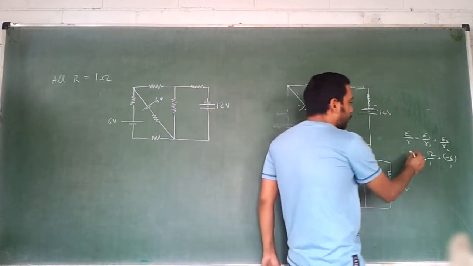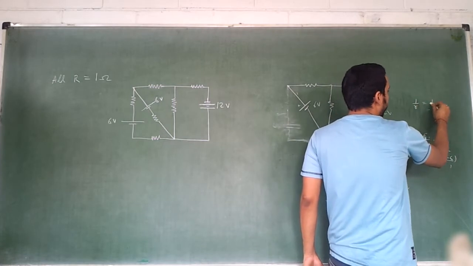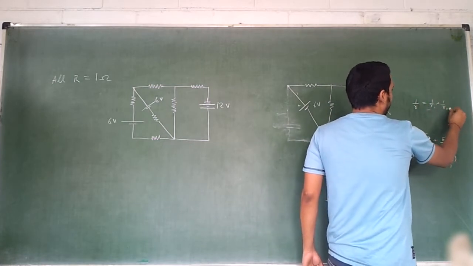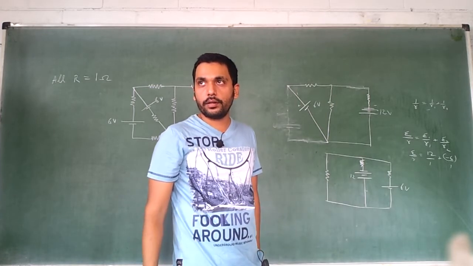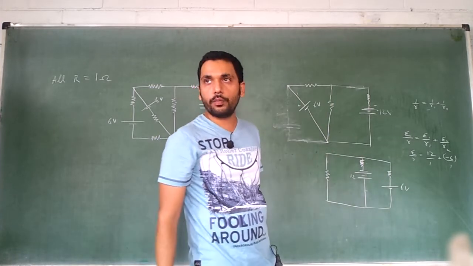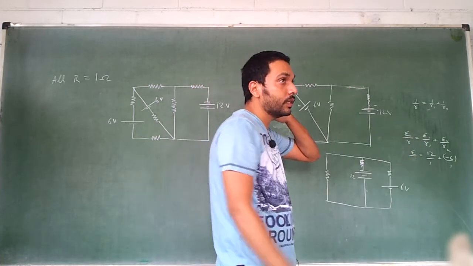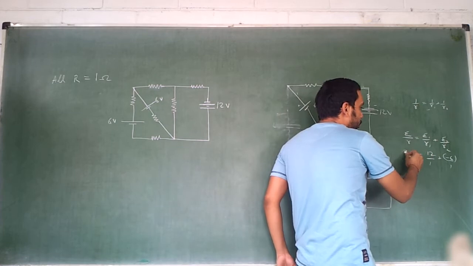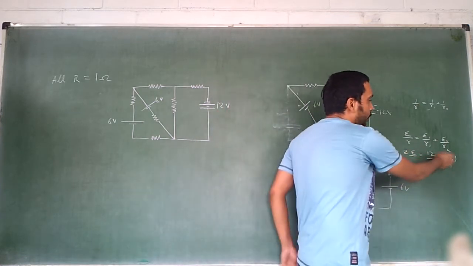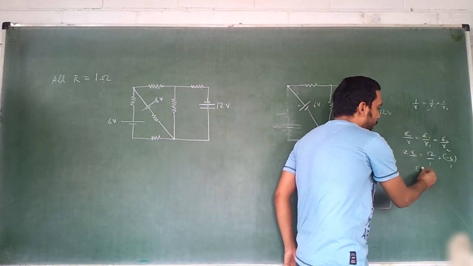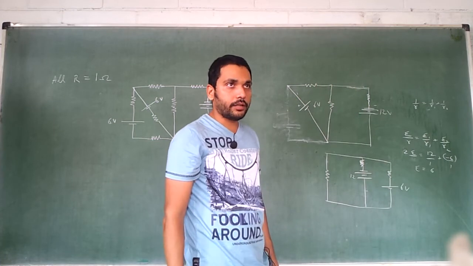Is equal to E by R. R separately, 1 by R is equal to 1 by R1 plus 1 by R2. So 1 by 1 plus 1 by 1. Right? So 1 by R is 2, hence R is 1 by 2. So this becomes 12 minus 6, which is 6, 6 by 2, E is equal to 3. Right?